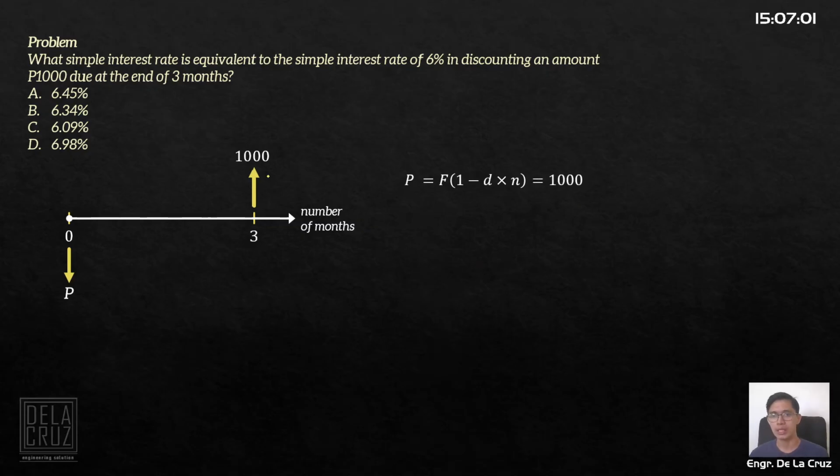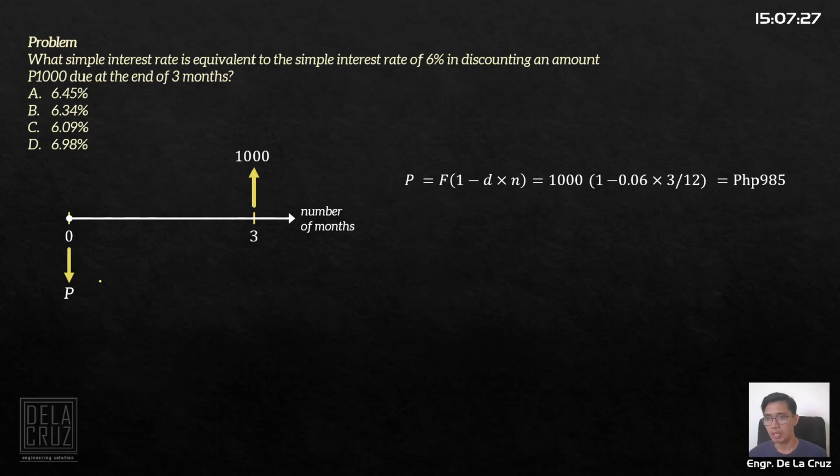So, F is 1,000. Quantity 1 minus 0.06, the discount. Number of years. So, within 3 months. So, 3 months, again, convert that to number of years. 12 months in a year. Over 12. So, you have 985 pesos. So, that's the present value.